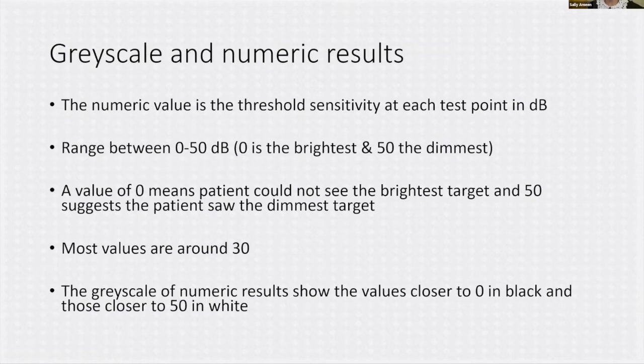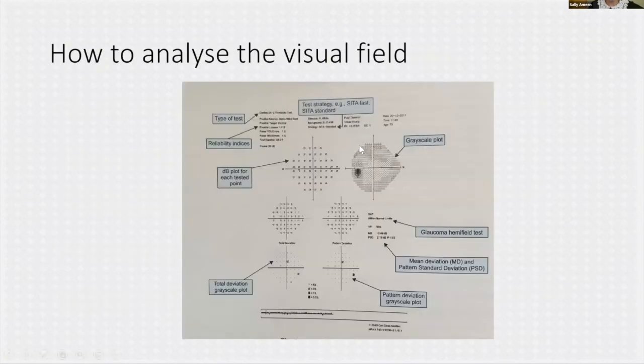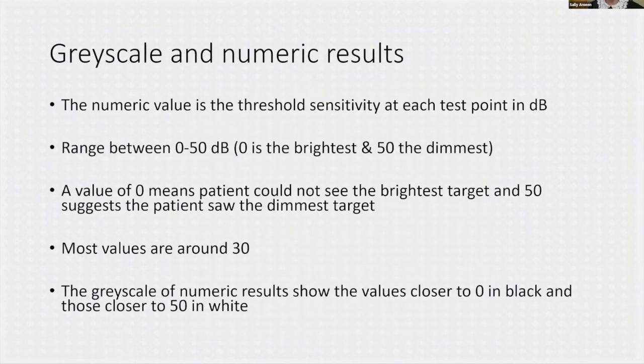So the next thing that you'd look at, which everybody always looks at right at the start, is the grayscale and the numerical values. That's essentially looking at the grayscale here and the numerical value plot alongside it. And what does that actually mean? The numerical value is a threshold sensitivity at each test point in decibels, and they range between 0 to 50, with 0 being the brightest and 50 being the dimmest.